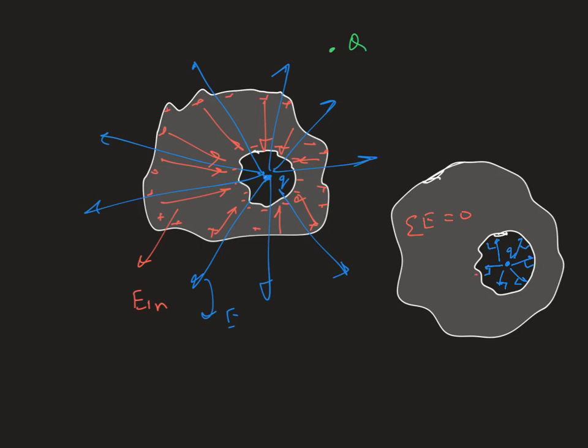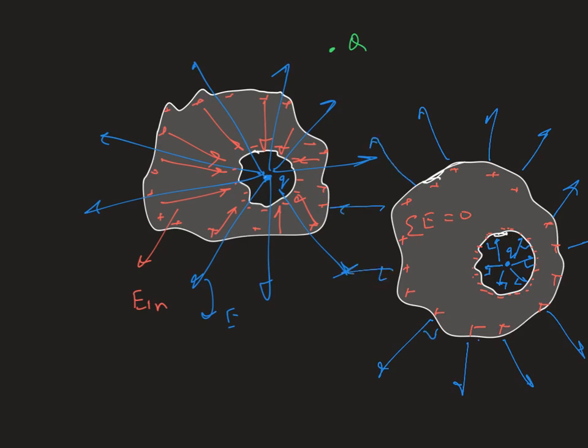There is also a negative charge here, and then there is also positive charge, equal positive charge here. And due to this positive charge, the field lines will be emitted from the surface of the conductor, again all at what angles? 90 degrees.